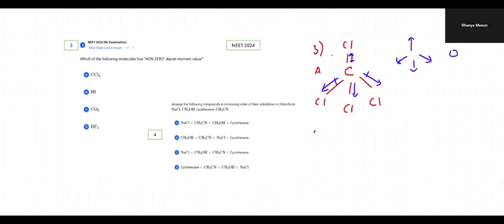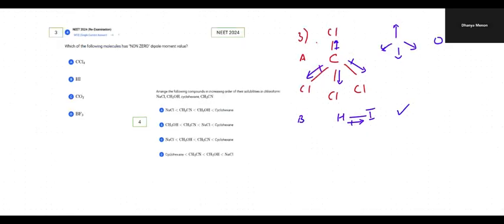B, hydrogen iodide. So here, from less electronegative to more electronegative, there is nothing to cancel. So it has a dipole. So this is not 0. Here it is 0, here it is not 0. Mu is the dipole moment.